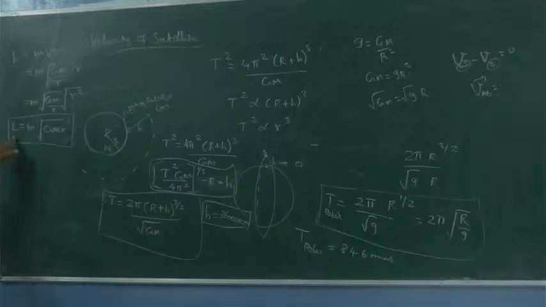Whereas angular momentum depends on mass of the satellite as well as mass of the planet. You can see both appear. From which we can say L is proportional to root r. Angular momentum and r are directly proportional. Write it down.